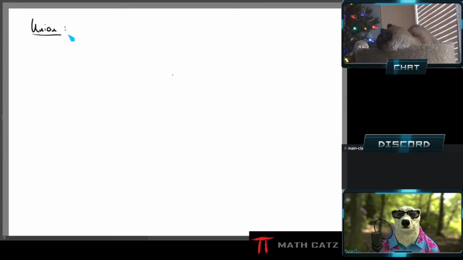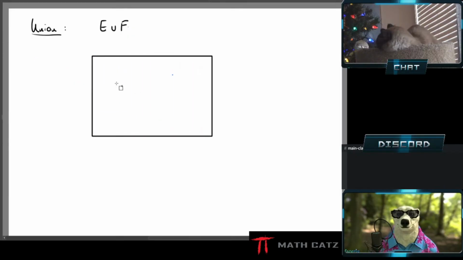So, every time union of two sets, let's say E union F. If I visualize that by way of a Venn diagram with my sets in general position, like so, because I don't know anything about them. The rectangle contains the universal set.